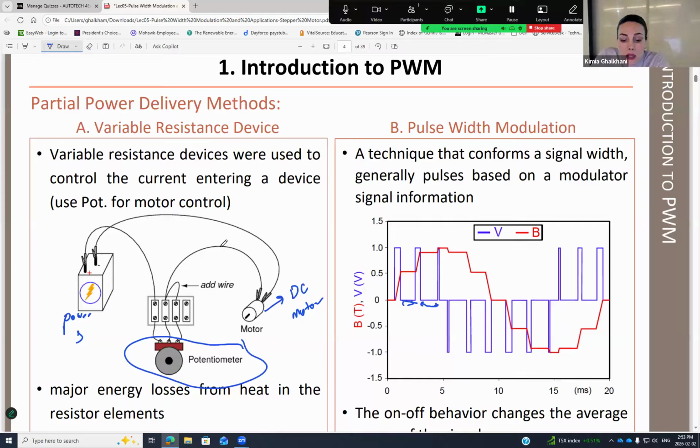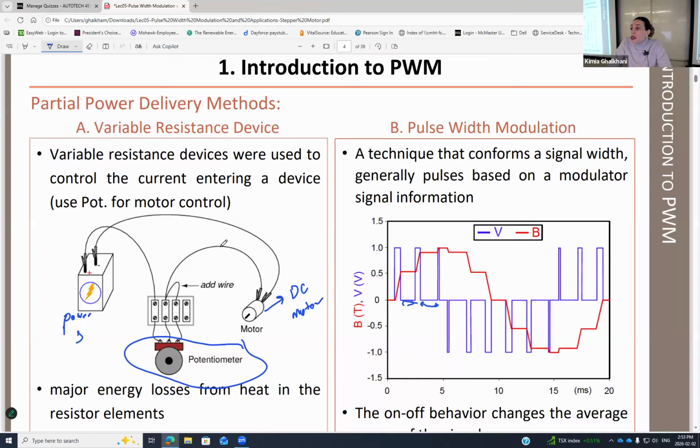So this is a method using a pulse width to encode or modulate a signal. That's why we call it pulse width modulation. We are modulating the widths. The width of each pulse is a function of the amplitude of the input signal. Whatever the input signal is, the width will be modulated accordingly.